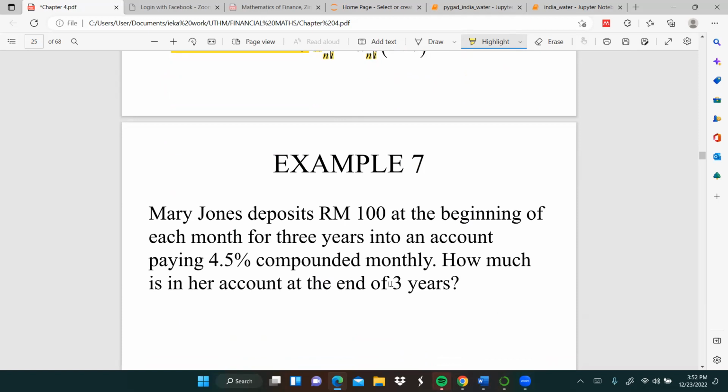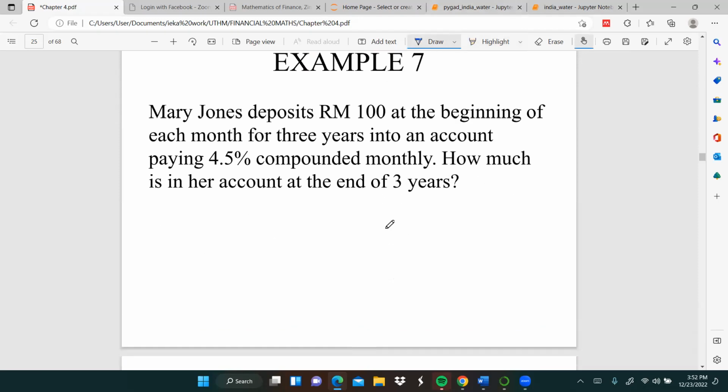Okay, so let's see how we do it. 3 years, kalau 3 tahun maksudnya 3 darab dengan 12. So our n is 36.